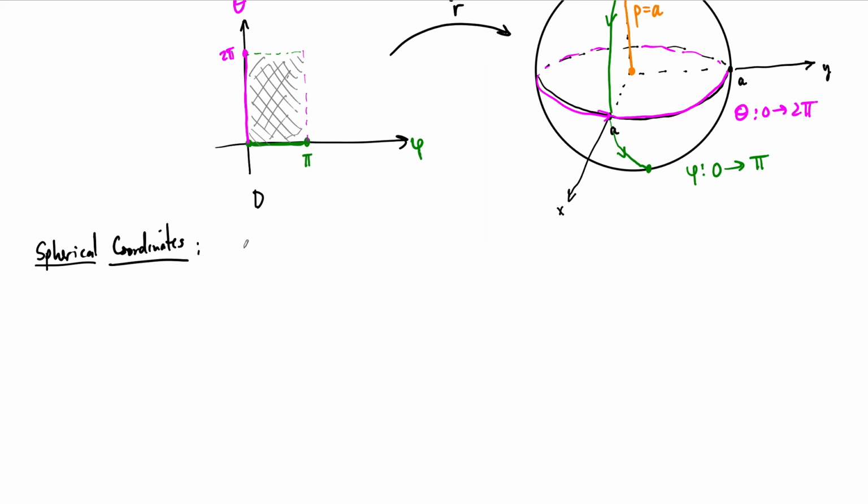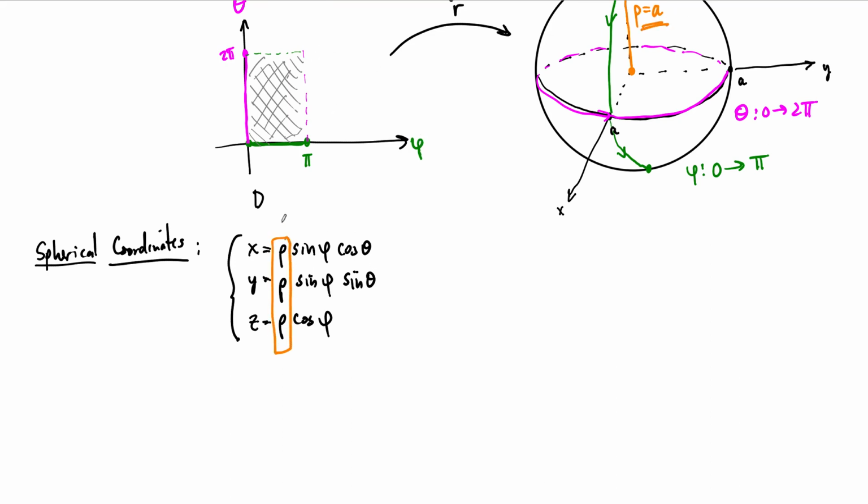Our spherical coordinates, remember, are that x is equal to rho sine phi cosine theta, y is equal to rho sine phi sine theta, and z is equal to rho cosine phi. But we're not using all the spherical coordinates. We want theta and phi to vary, but we have fixed our rho equal to a. So now we just swap out the rho for the constant a.